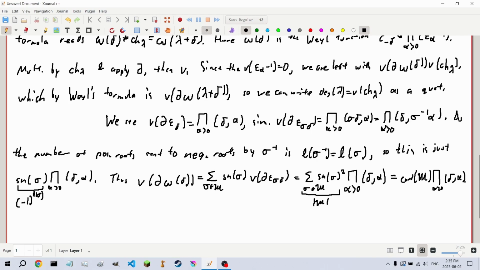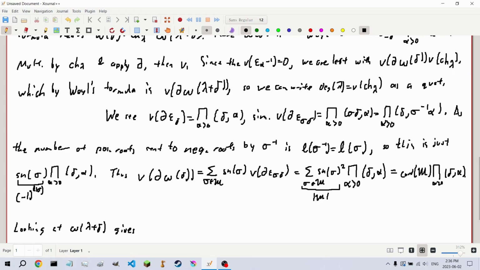And we can apply this at omega of lambda plus delta, which gives the same cardinality of the Weyl group times the product over the positive roots of the form of lambda plus delta with alpha.